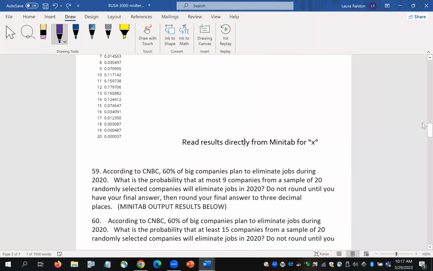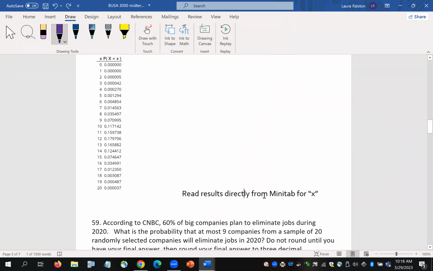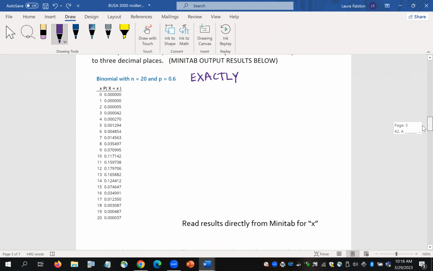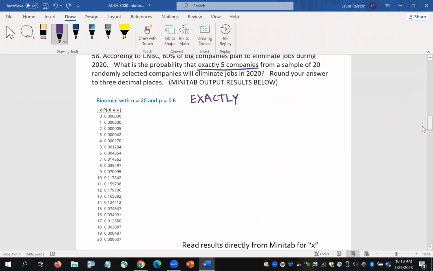It says read results directly from Minitab for X. So my X was 5. I'm going to read down till I find X is 5, and I'm going to read the answer next to it.